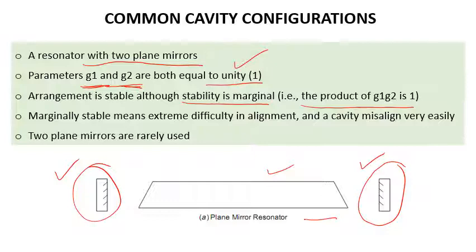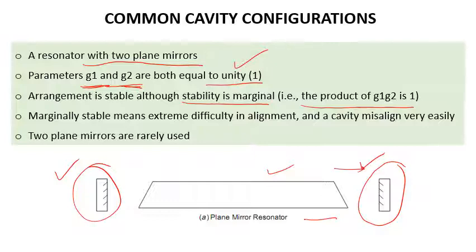So what exactly does marginally stable mean? First thing, if the product of G1 and G2 is increased a little, then it will be beyond 1, maybe 1.01, 1.1 or so on, and the cavity becomes unstable. Marginally stable means it's very close to unity, so it's very difficult to align.